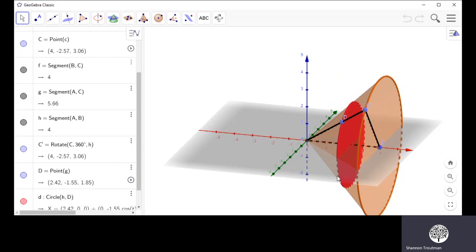If you see here, I want you to think about this as a Riemann sum. This is what's called a cylindrical cross section. You can see that this is a very thin little cylinder where your radius is defined from your x-axis to your function, which in this case is the line y equals x.